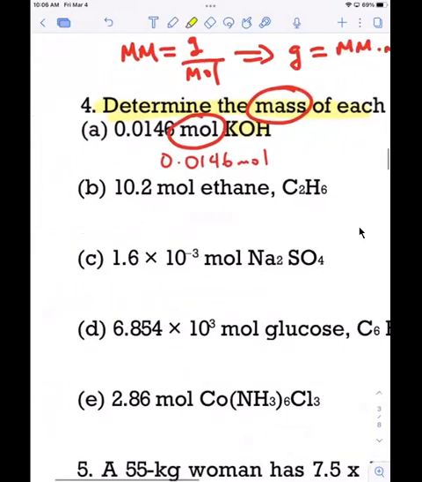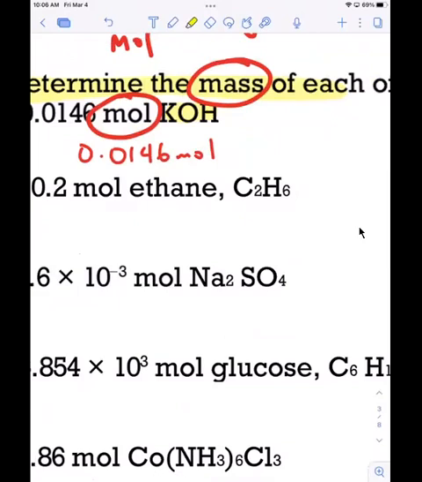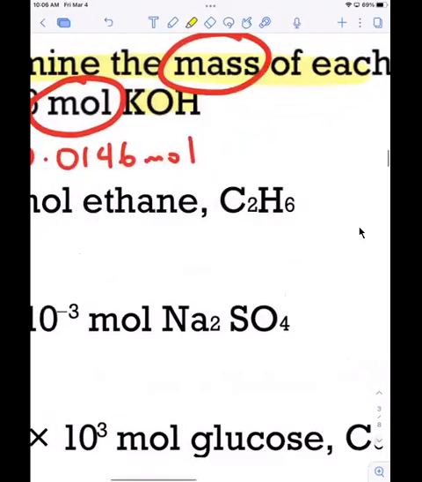So if I know the molar mass of KOH, which is roughly 56 grams per mole, that's potassium, which is 39, and then the oxygen is 16 and the hydrogen is 1. I'm rounding all those numbers to whole numbers. It'll just be 56 grams per mole.